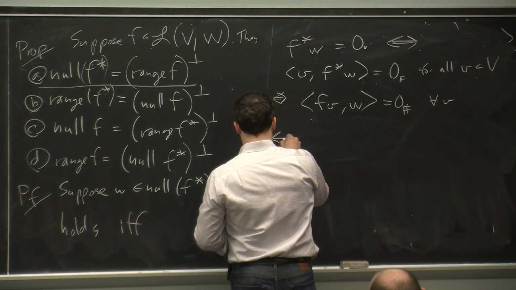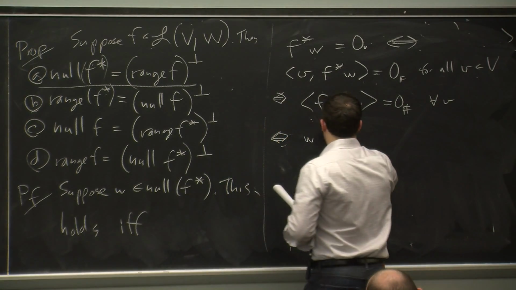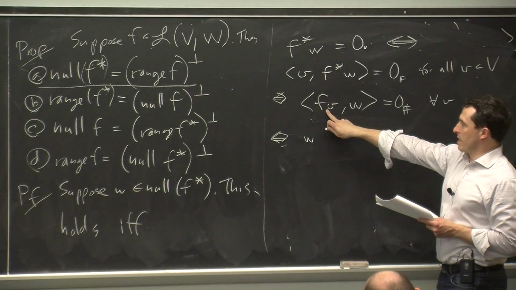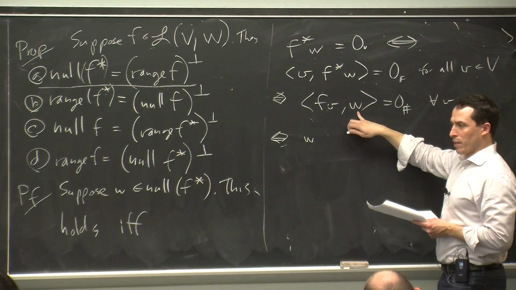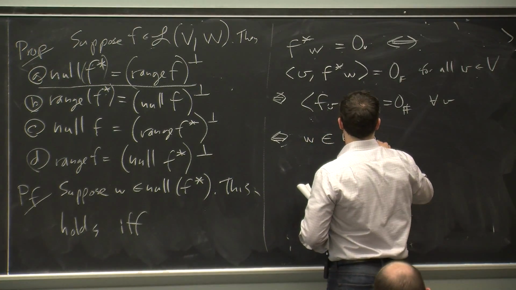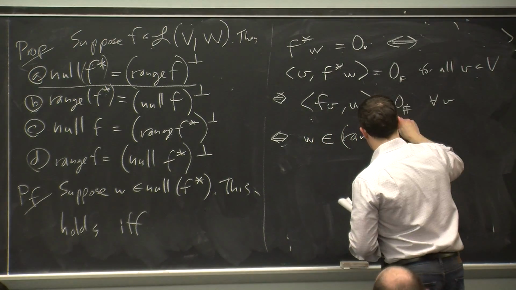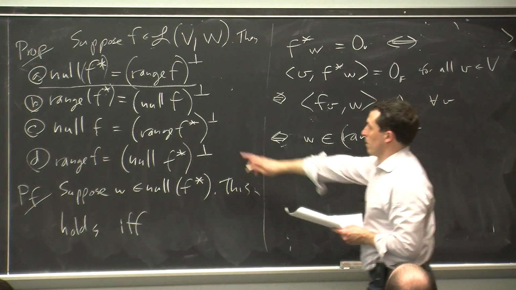And that's true if and only if, well, f of V is an arbitrary element of the range of f, and W is something that's orthogonal to it. So that's true if and only if W is in the orthogonal complement of the range of f. That's what's over here.